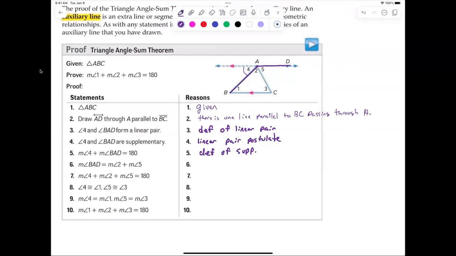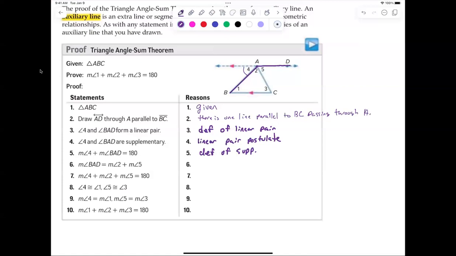All right, so I think the book is inconsistent when it's asking you to list things out. I would think if the two angles form a linear pair, then the two angles add up to 180 degrees. Again, I do think there's some inconsistency there, but I do think you have to say that they form a linear pair.